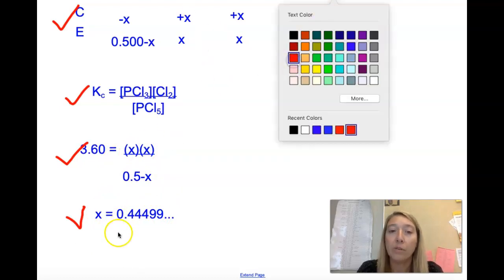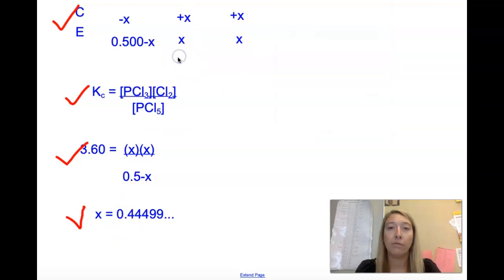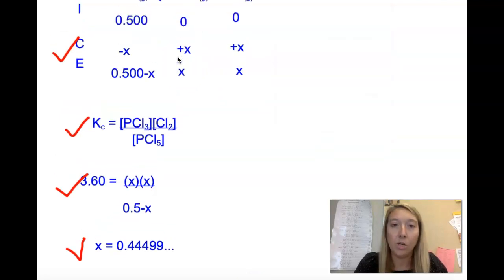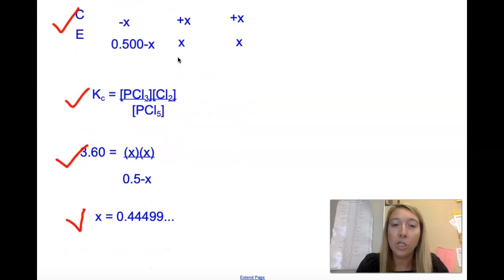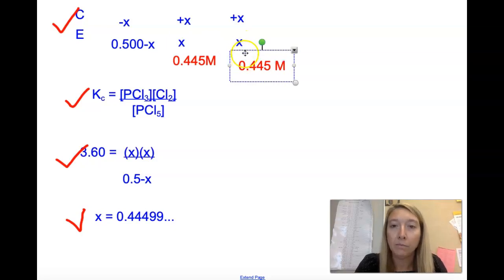So now that we figured out what x is, we can go ahead and figure out what our equilibriums are going to be. For significant digits, we can have 3 for these ones. So we're going to have 0.445 moles per liter and 0.445 moles per liter.